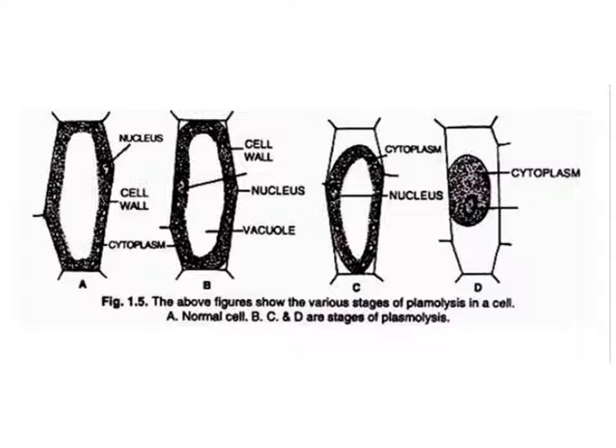As they shrink, you can see a gap is created between the plasma membrane and the cell wall. This phenomenon, in which a gap is created between the cell wall and the plasma membrane because the cell is losing water in a hypertonic medium, is called plasmolysis, and it occurs in plant cells.